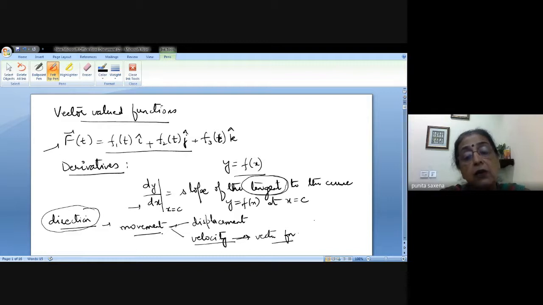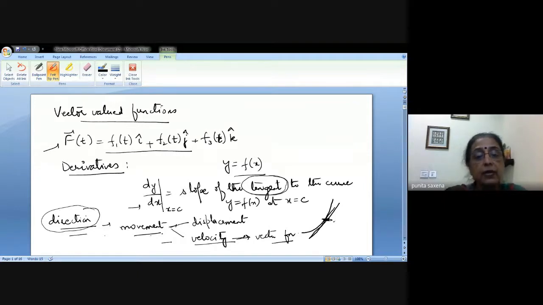Also, if a particle is moving along a curve, then the velocity is always directed along the tangent to that curve. So if I'm interested in studying the velocity at this instant, then I'm interested in studying the tangent to that motion curve at that particular instant. That is why, in such situations, directions and vectors play a very important role.